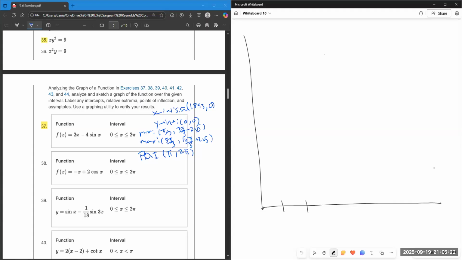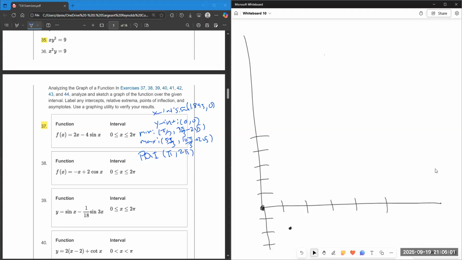All right, so we know it's going to go through 0, 0. It's going to go through pi over 3 something. So pi over 3 is a little bit bigger than 1. And then it's down here, okay, so down there somewhere.